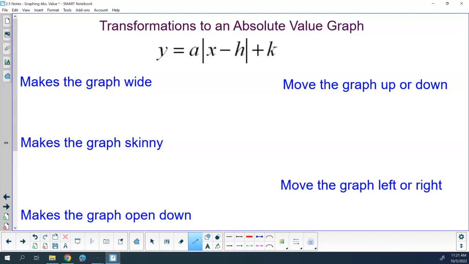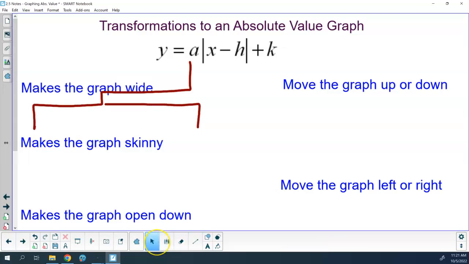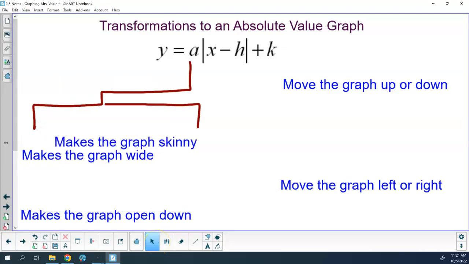Okay? So a is a big time component of it. So a will make our graph skinny or wide.